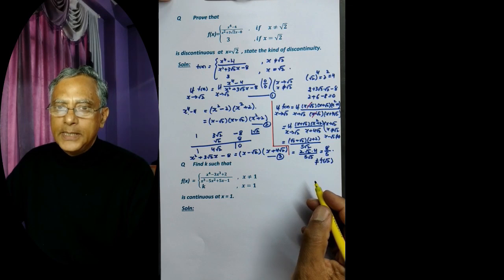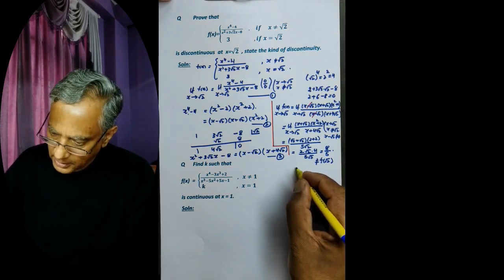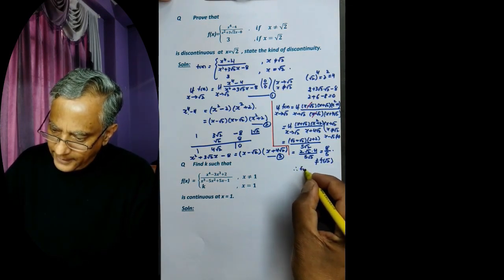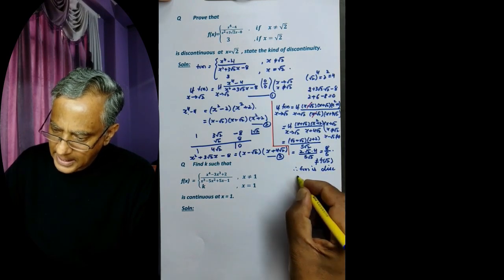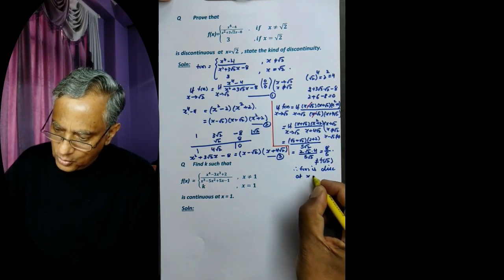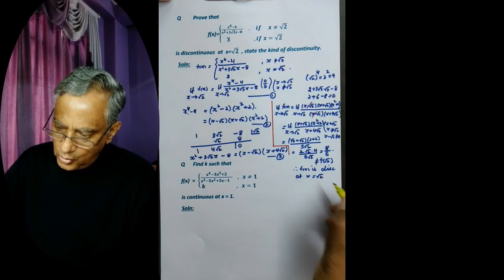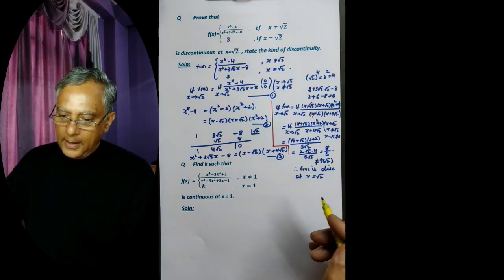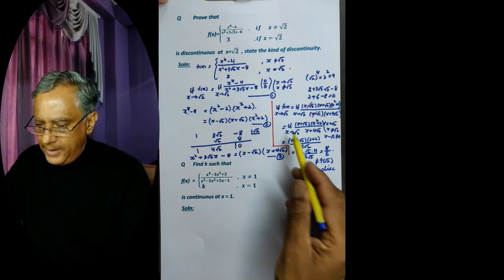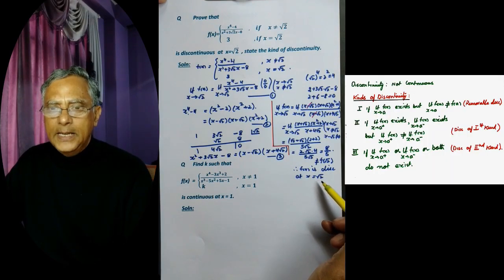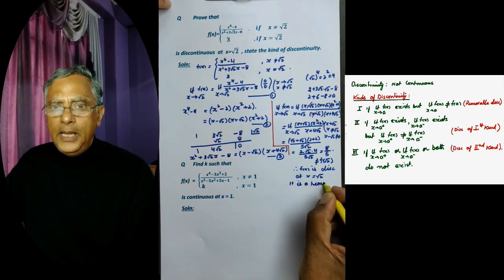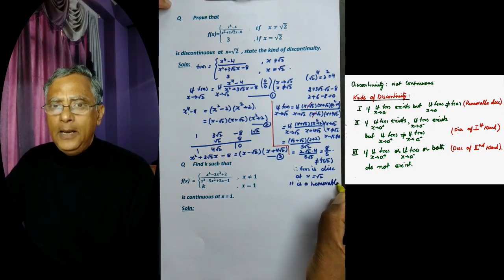Therefore, function is discontinuous. Therefore, f(x) is discontinuous at x equal to √2. So the value of the limit is not equal to the value of the function. Therefore, function is discontinuous. And this discontinuity is a removable discontinuity.